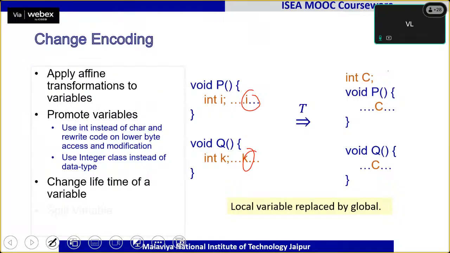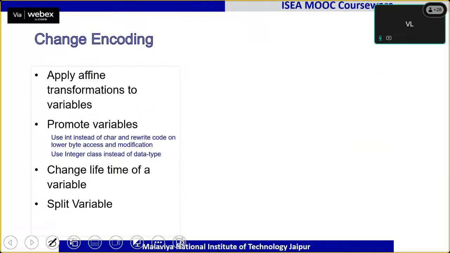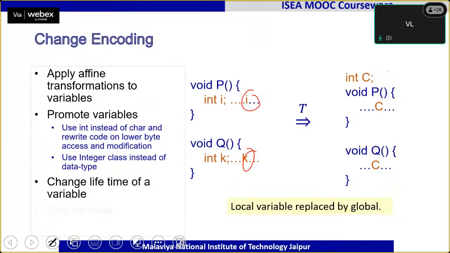We can replace it by a global variable which is being accessed, or we can use local variables instead of global variables. So we can use either global variables to exchange data between the procedures, or we can use local variables and pass them as parameters to exchange the information between two processes.